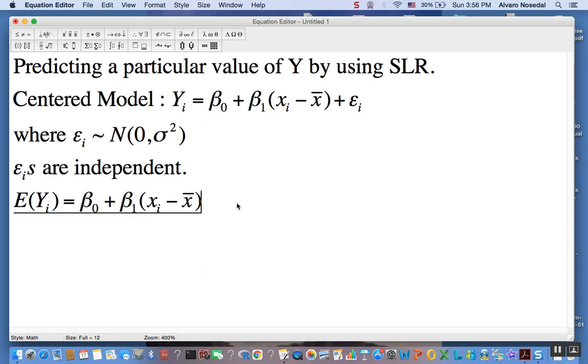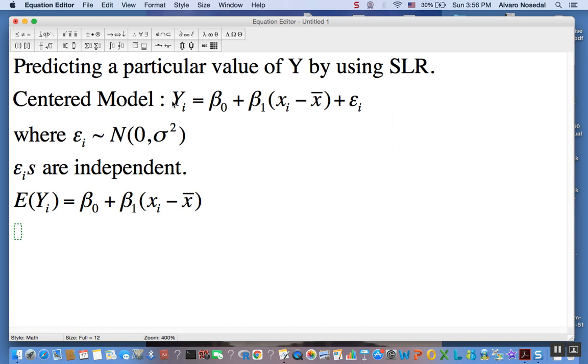Let's find the variance. In this case, the variance of yi: the variance of a constant is 0, and it will be independent of epsilon.